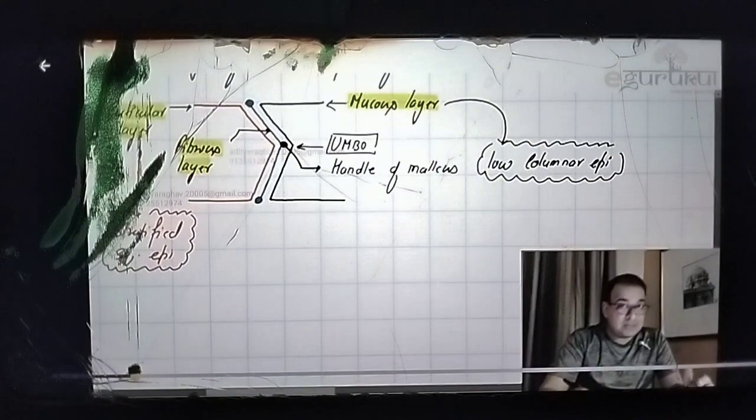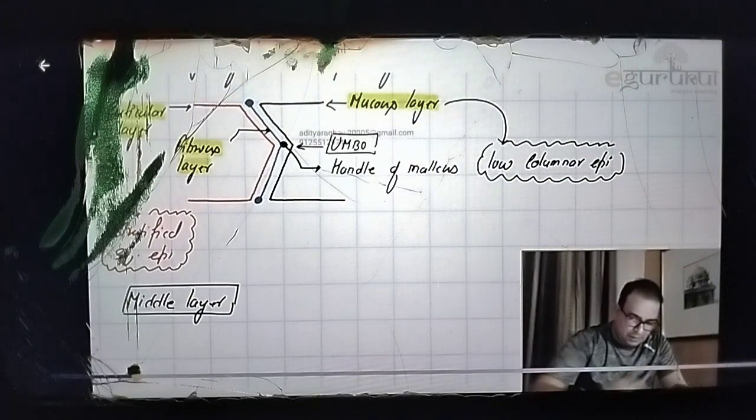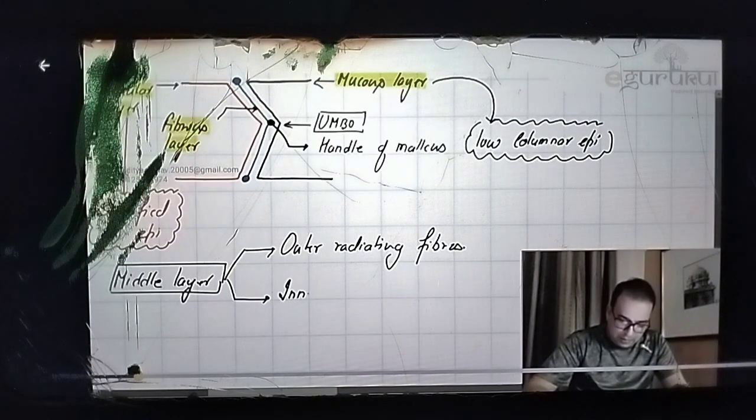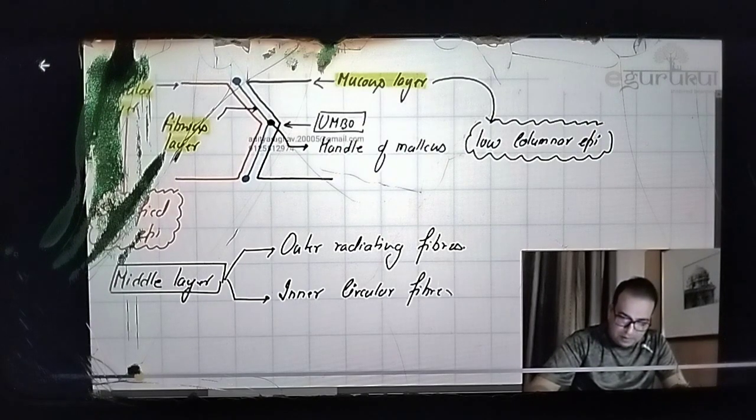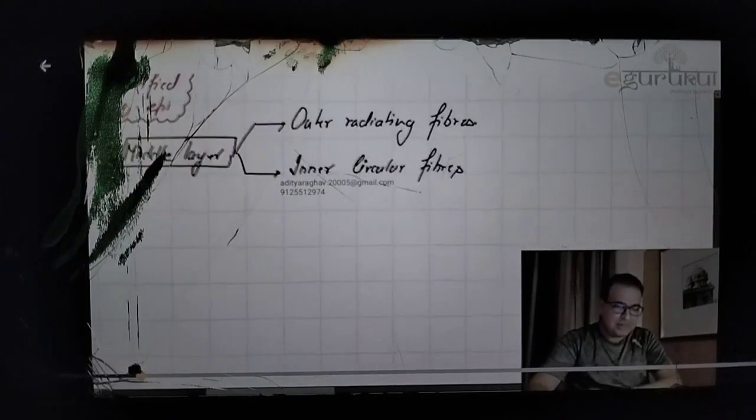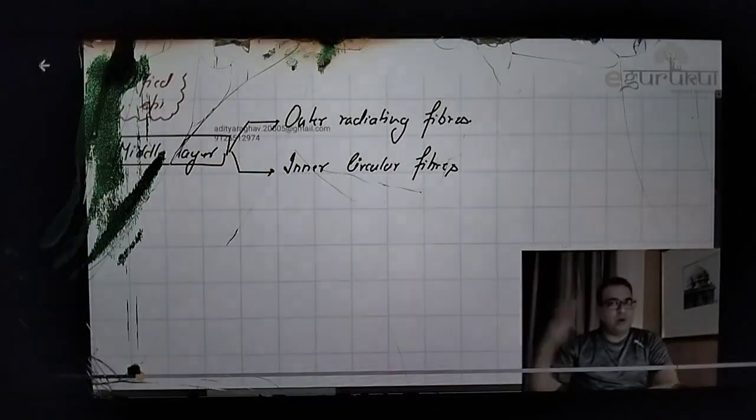But the middle layer, the fibrous layer, is made up of collagen fibers. The middle layer of the tympanic membrane is made up of fibers, and those fibers are present in 2 groups: outer radiating fibers and inner circular fibers. Outer means more on the lateral side, and inner on the medial side.